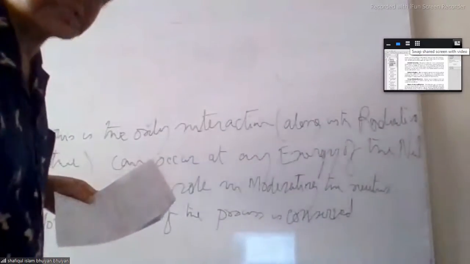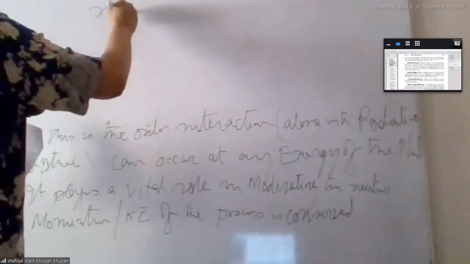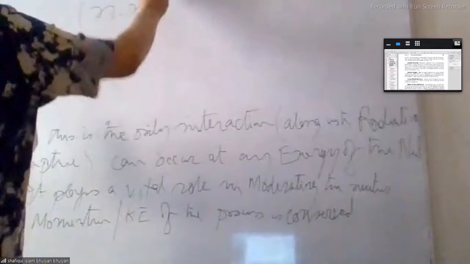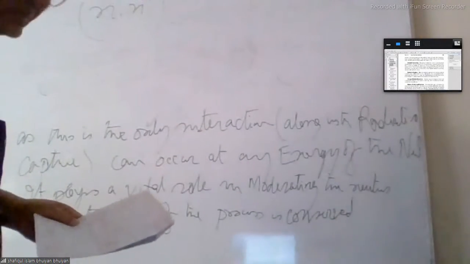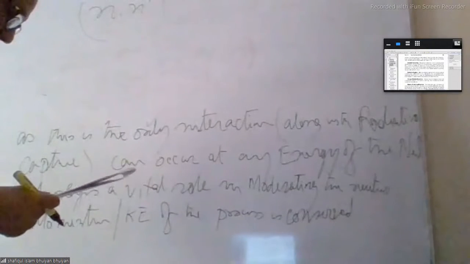So the inelastic scattering, we will say N prime. When we see this N prime, we will say that this is an inelastic process.